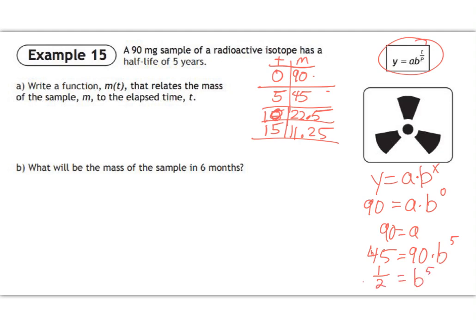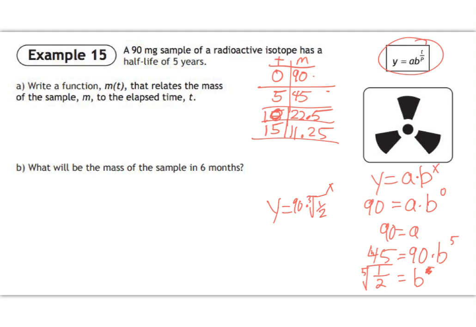And that gives me the fifth root of a half is b. It's kind of a gross number, but I can work with that. My equation for this would be y is equal to 90 times the fifth root of a half to the x power. That's doing everything in one step.